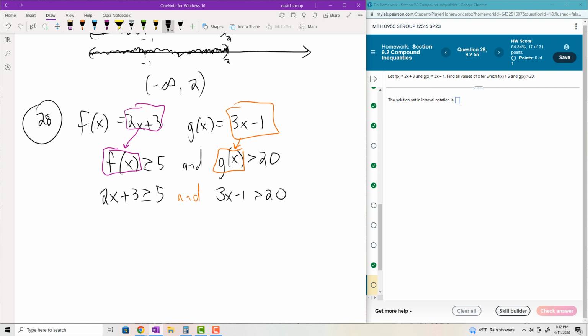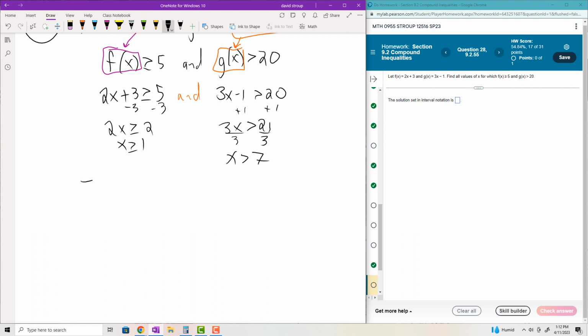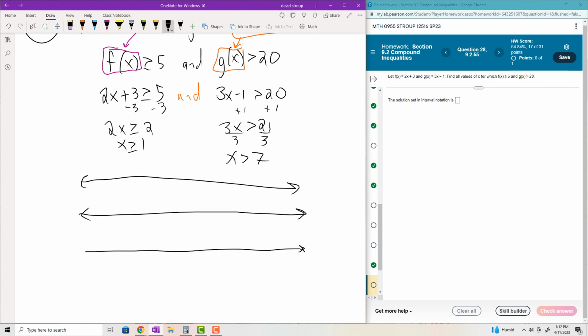So you solve each of those. And then you do your number lines. And this time we're looking for overlap, not shadow. Here's 1, here's 7.